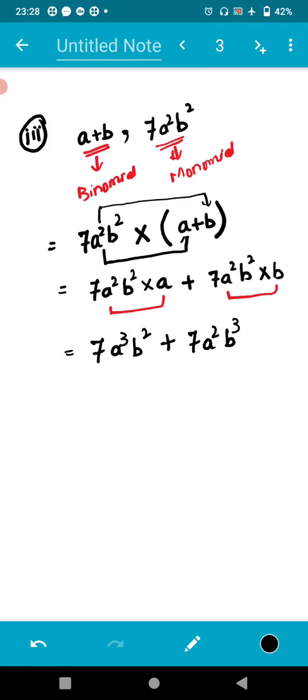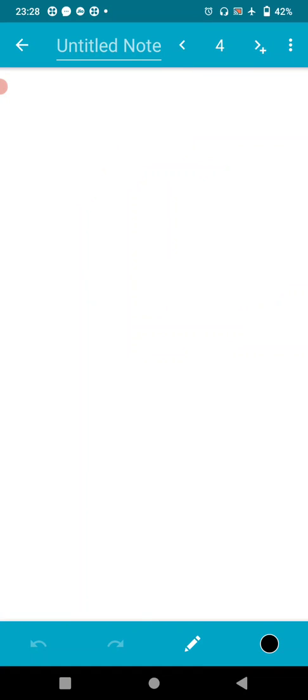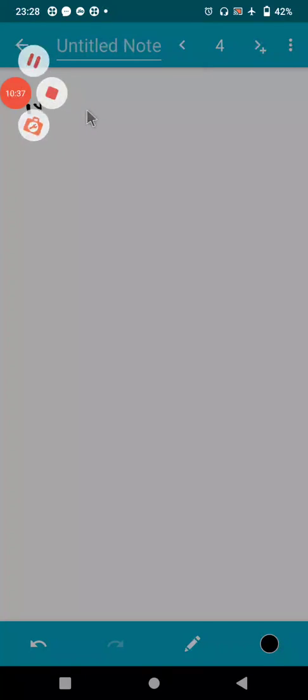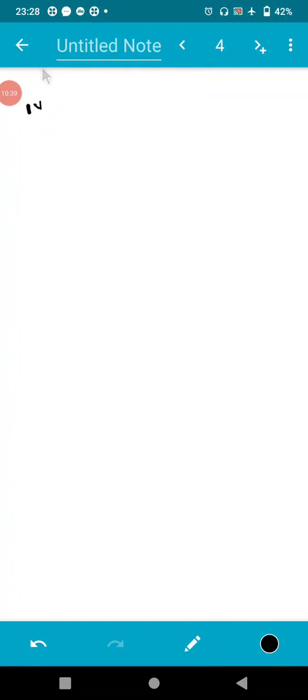Now let's move on to the last sum of today's session, that is sum number 4, students. So what we have in sum number 4? We have a square minus 9, then comma is given, and then 4a.